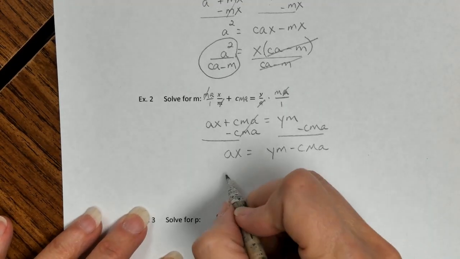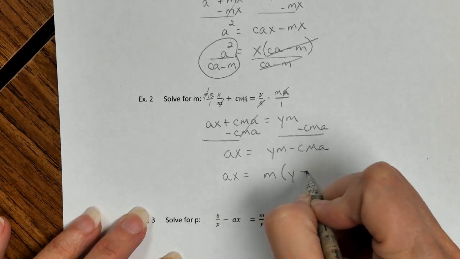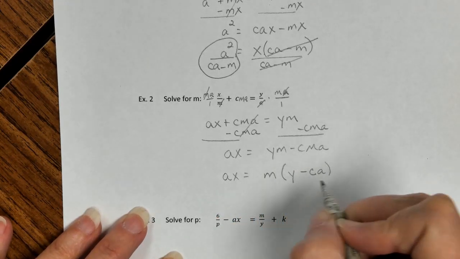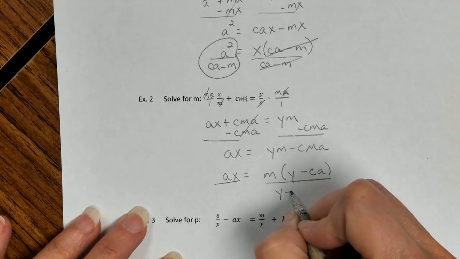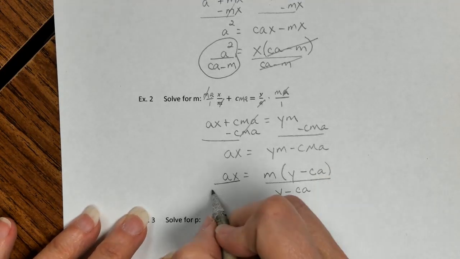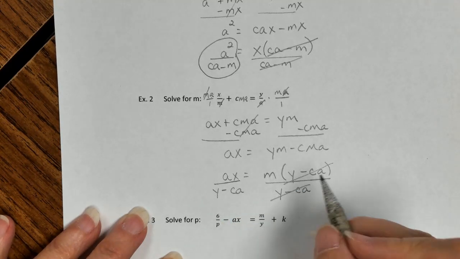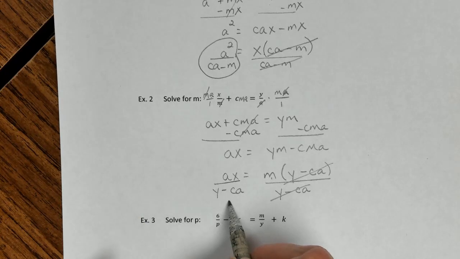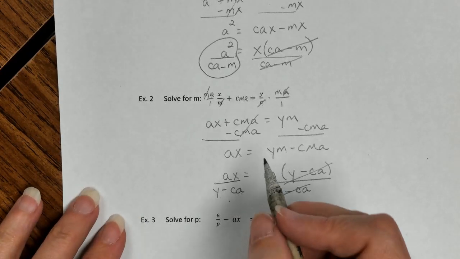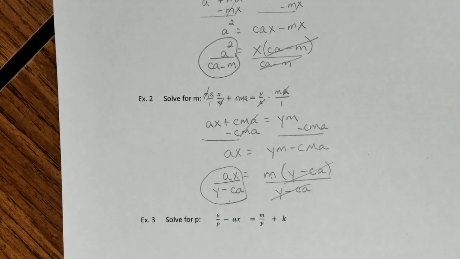Factor out an m. ax equals m times y minus ca. Divide by the coefficient of m, which again is just whatever's in the parentheses. m is by itself. It equals this. This doesn't reduce, again, because this is a binomial and only one of the terms has an a. It won't factor. So that is the end of example 2 already.